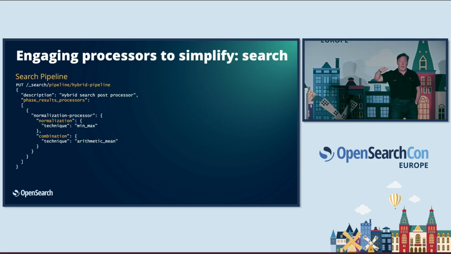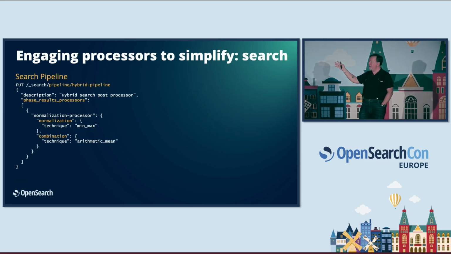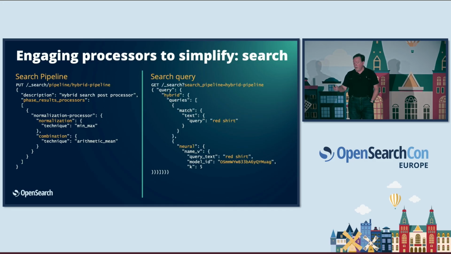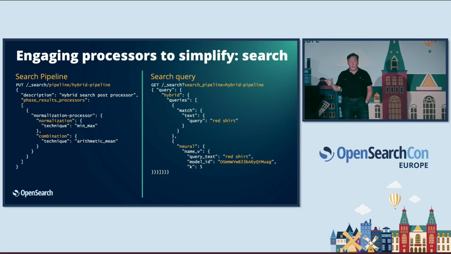On the search side, again, you'll have a pipeline. This is a hybrid pipeline, and it engages processors. In this case, it's the normalization processor that blends the lexical and vector search. You run your query against that pipeline. For a hybrid query, again, you just give it 2 different queries.